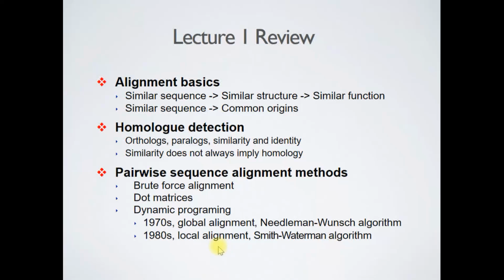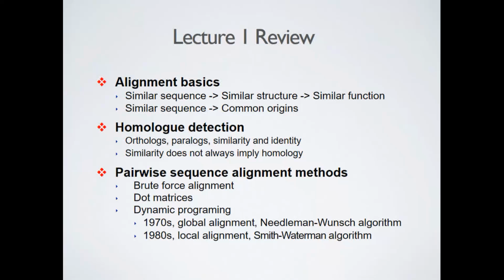Also in the 1980s, the number of protein and gene sequences was already increasing a lot. At that time, what people often wanted to know is, for a protein sequence I'm studying, is it similar to a known protein sequence?